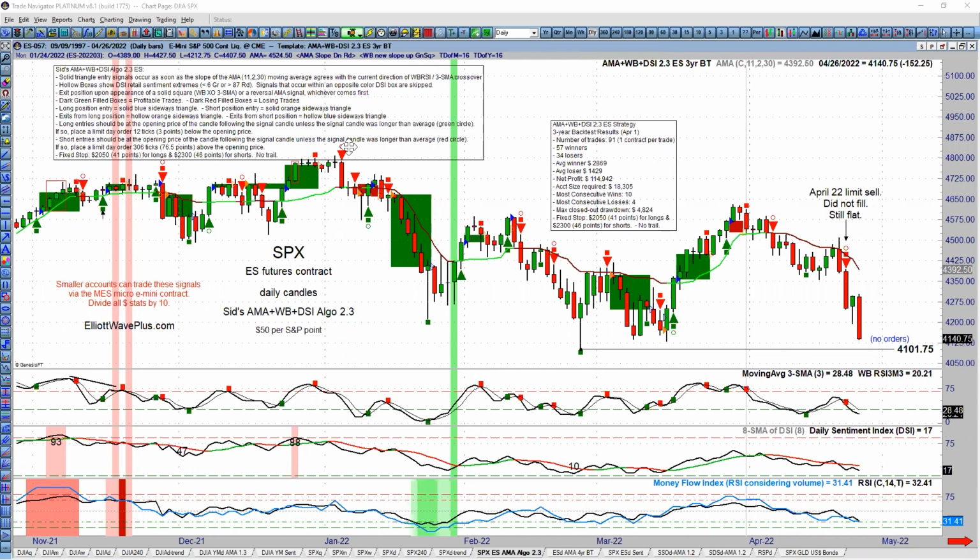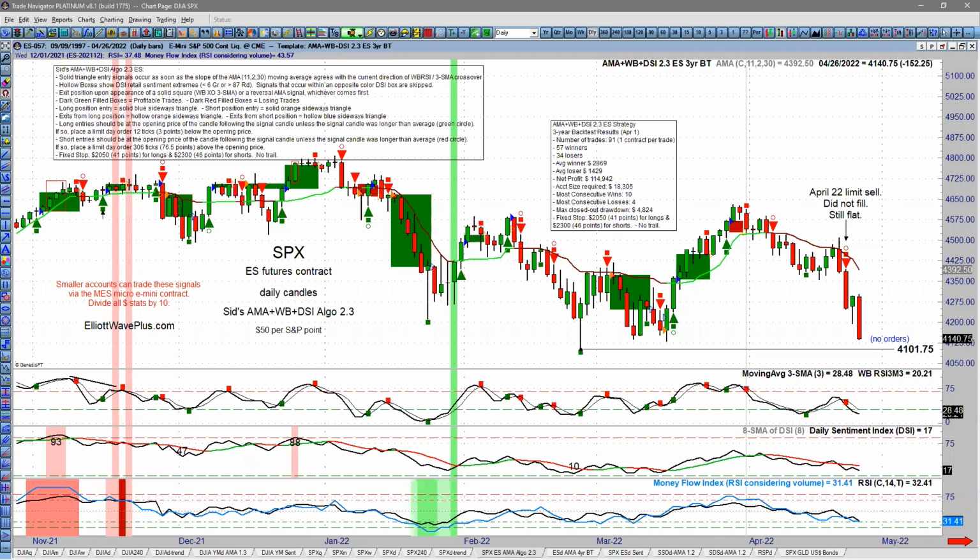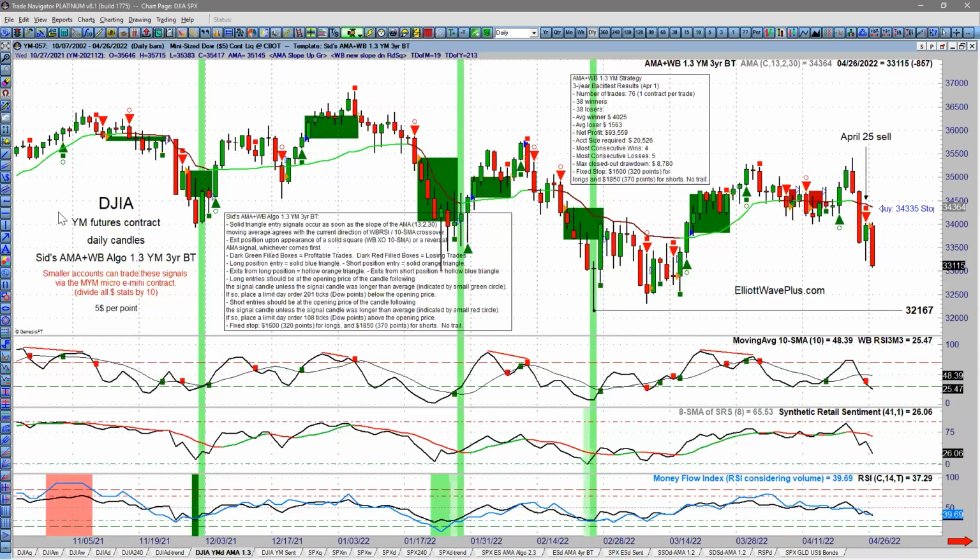So back to this very quickly. You've got some important indicators on here. I want to very quickly explain a couple more of them. The daily sentiment index is on every algo chart. And if the daily sentiment index is not available on that item, and a perfect example is right here, the Dow Jones Industrial Average YM contract, there's no DSI published on this item.